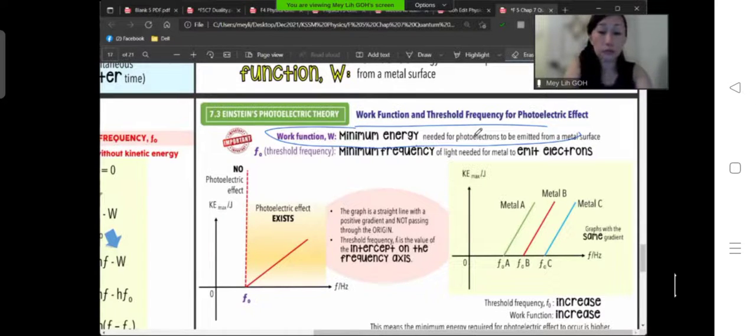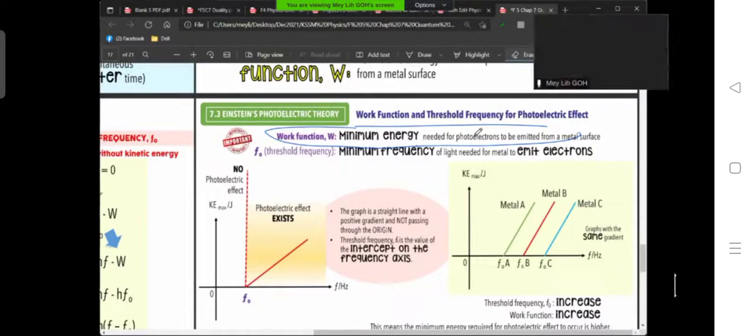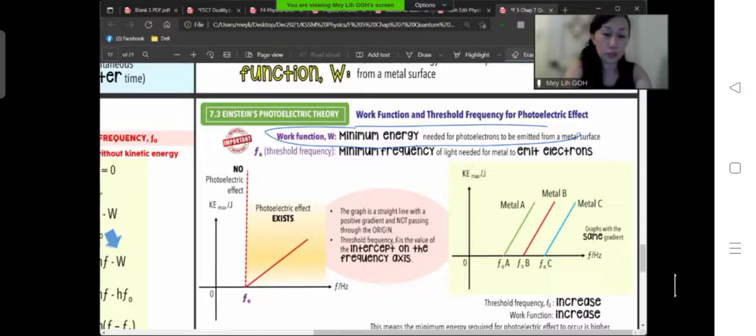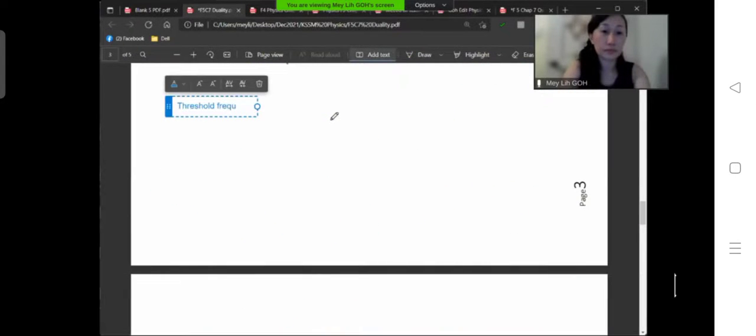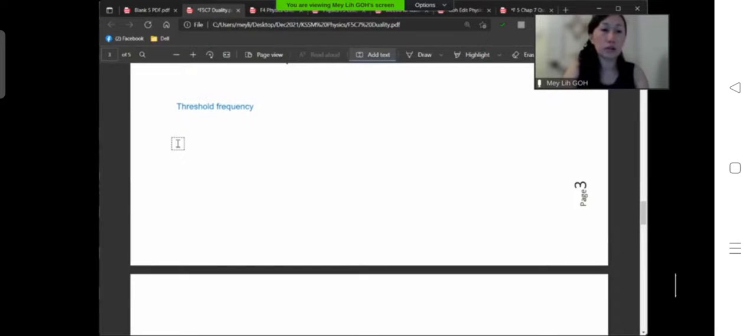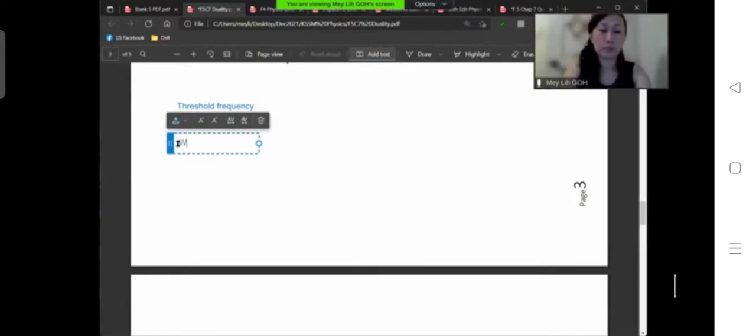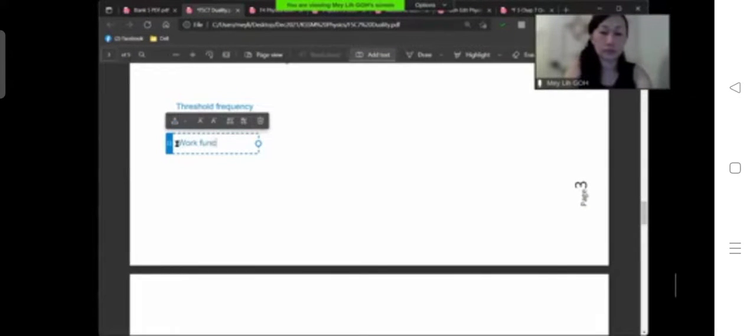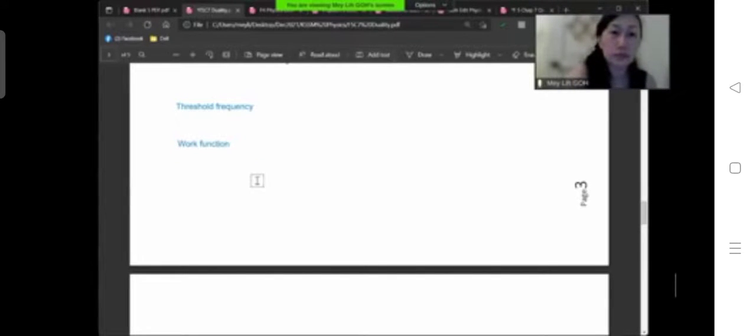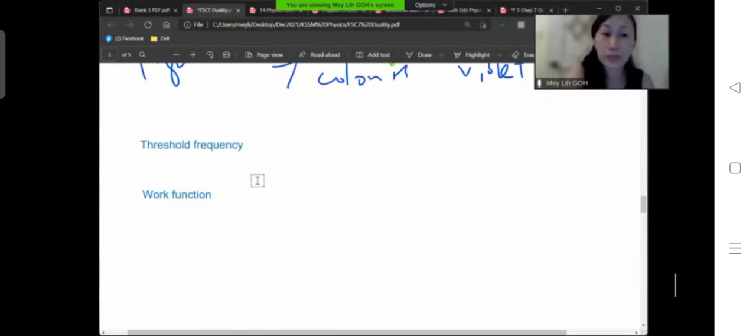Threshold frequency and work function. These two are physical quantities. They are the parameters we are looking at now, the special words we learned today, and they are related to the photoelectric effect.